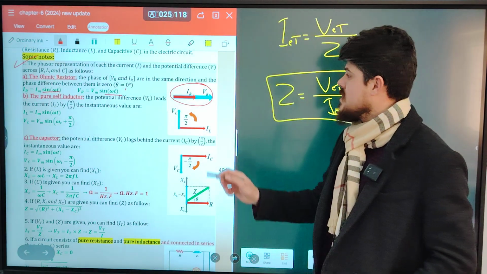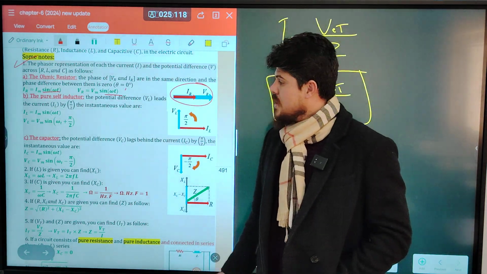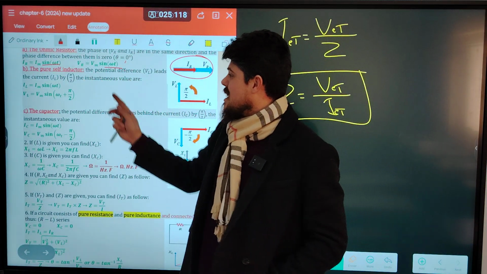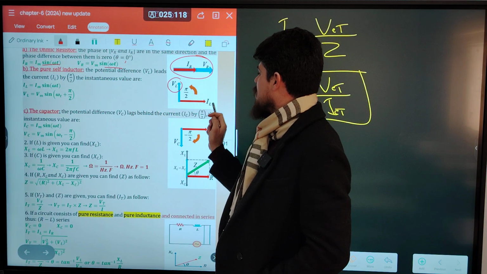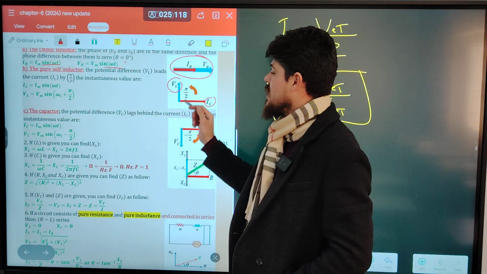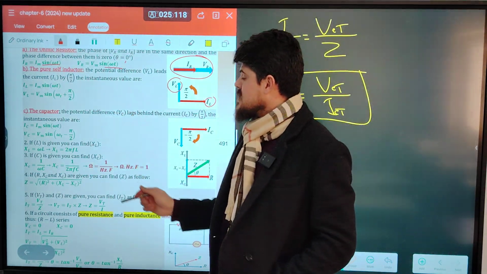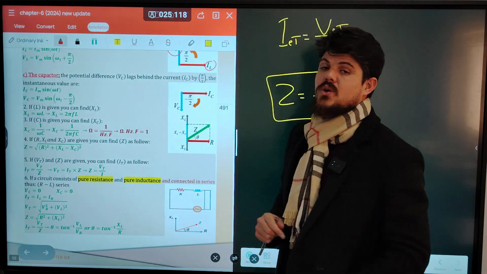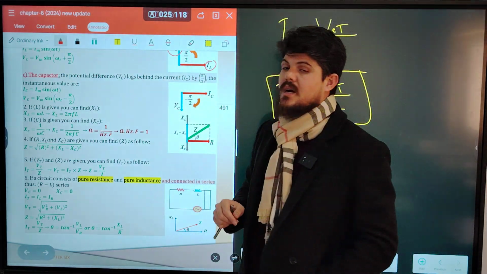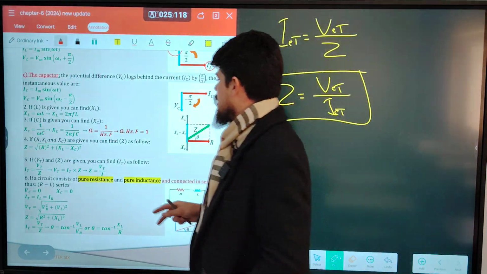Both of them are in phase. But in pure inductance, the potential difference leads the current by pi over 2. In a capacitor, the potential difference lags behind the current by pi over 2, negative pi over 2.